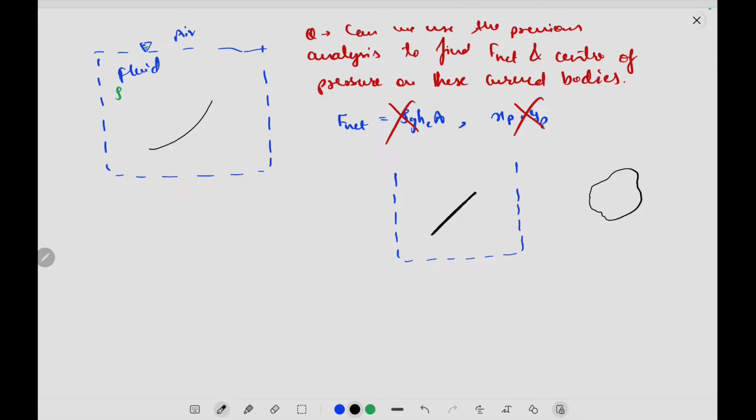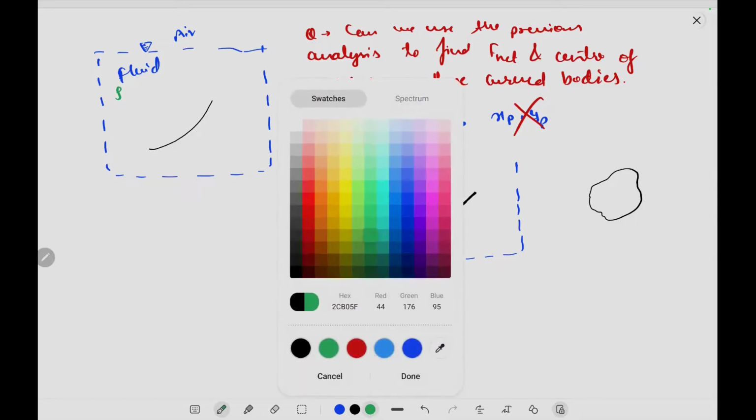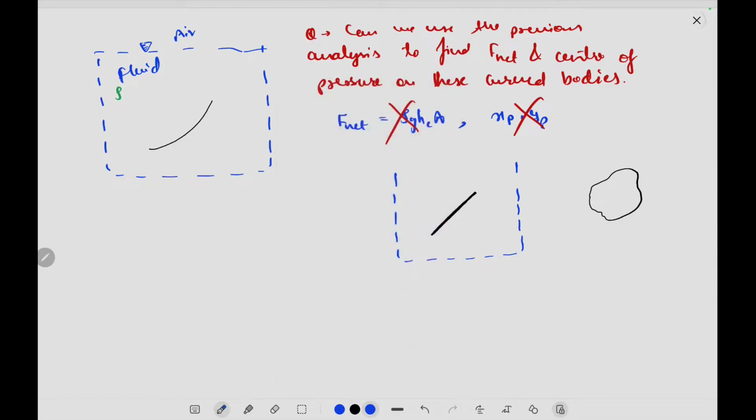We took some area vector dA and found the value of the force dF vector on it. This was my pressure, and this was the dF vector, the force applied on this elemental area because of the pressure of the fluid, right?